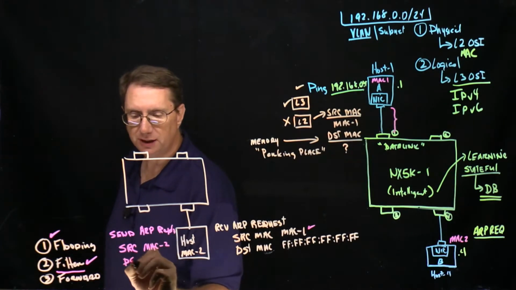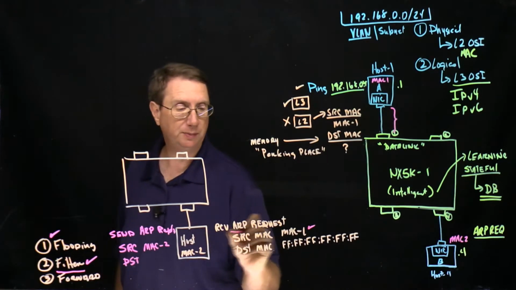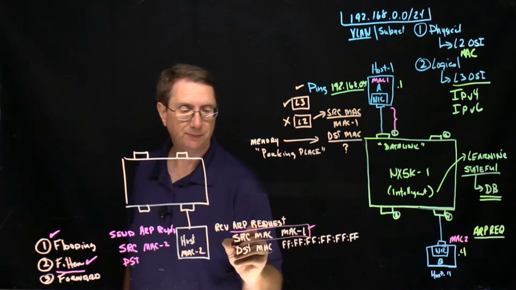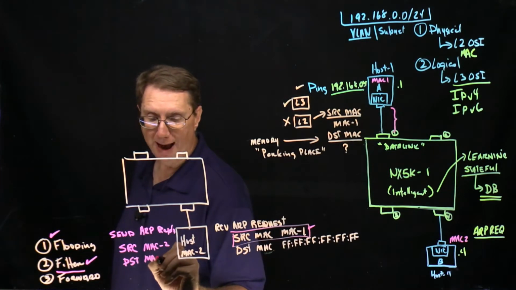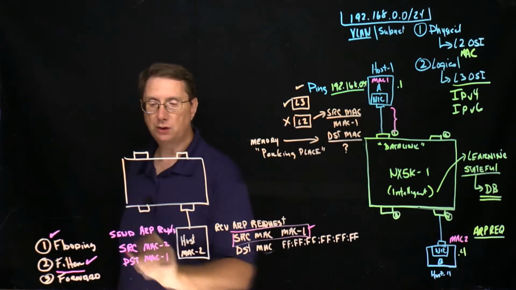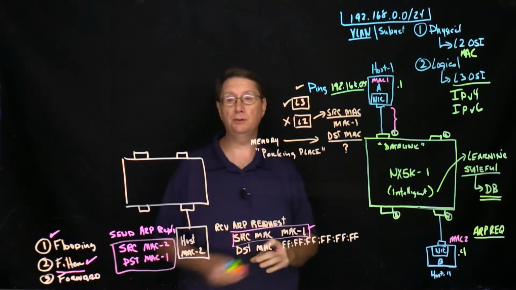The destination MAC address, the device that I want to respond to, is going to be the source MAC address of the ARP request. So I'm going to reply to MAC1.